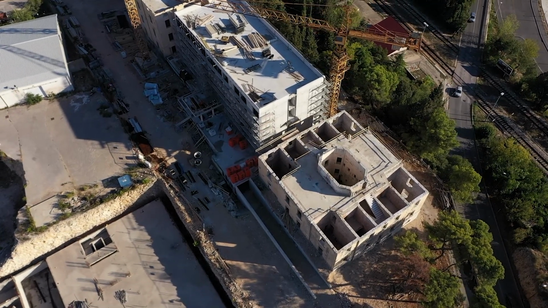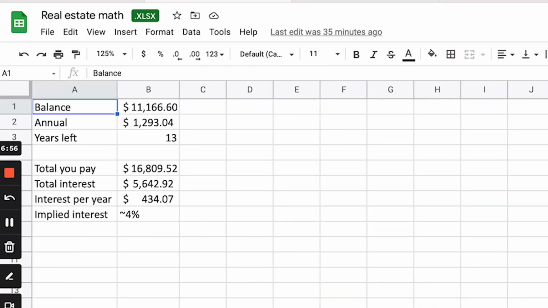I've just used a real example here from a community, fairly representative, but years in, decades in, as the case may be, there's still a balance on a particular home with the CDD here of a little over $11,000, and the annual debt service on that, or the payment on that outstanding capital balance, as you can see, is about $1,300. There are 13 years left on that.